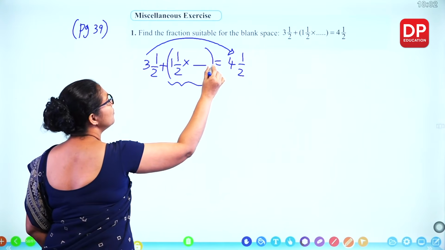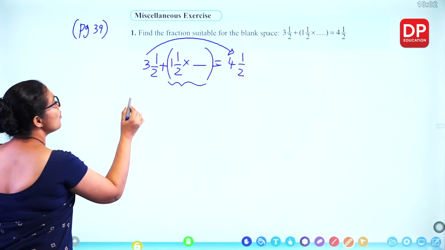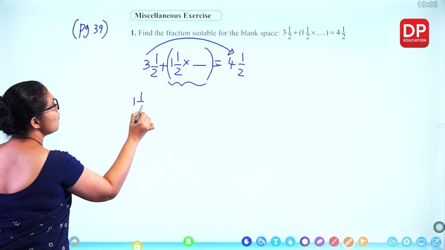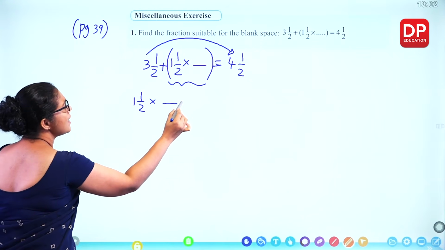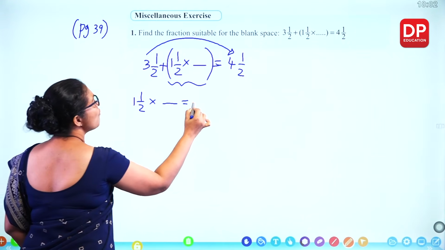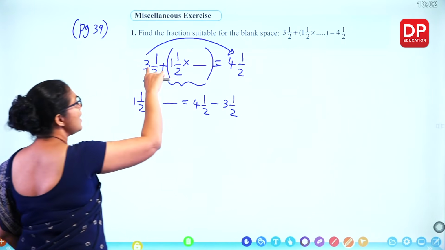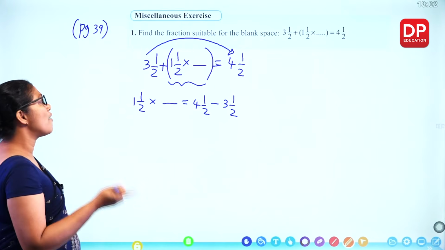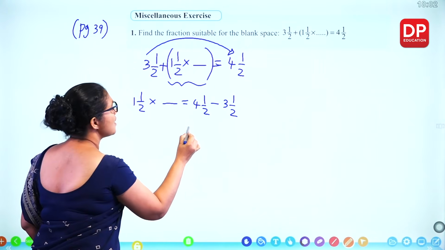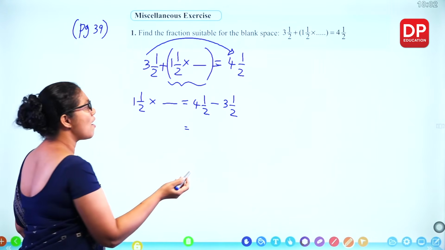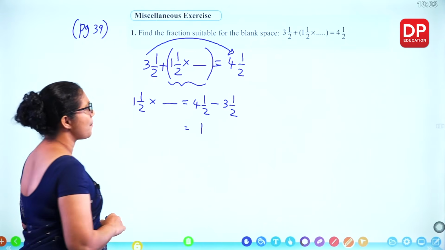So what do you do? You can rewrite the question. 1.5 times the blank is equal to 4.5 minus 3.5. Why? Because we can take 3.5 to the other side. So what's the amount? 4.5 minus 3.5 becomes 1.